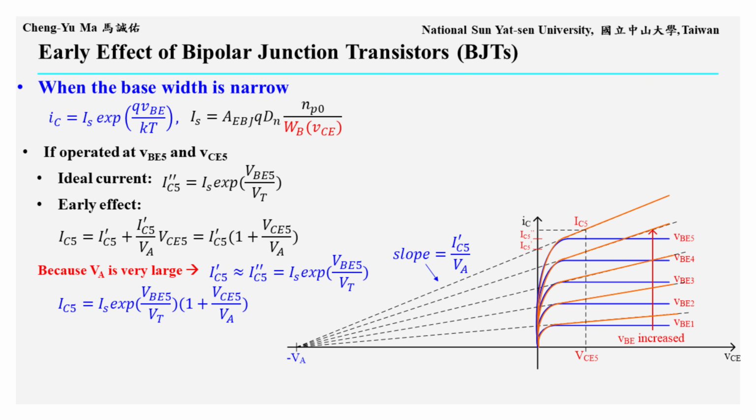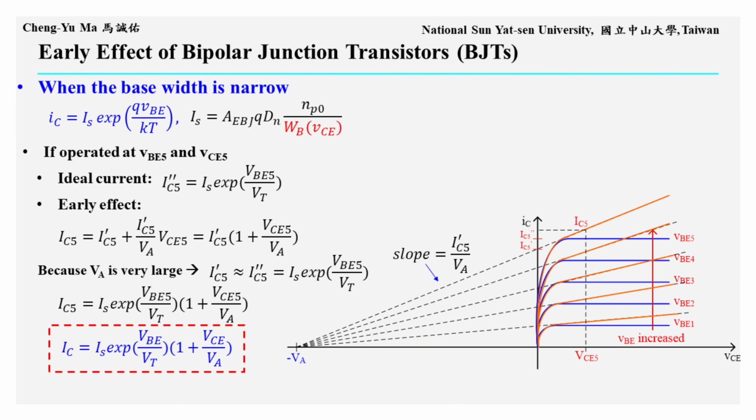From the graph, when VA is large, IC5 prime is approximately equal to IC5 double prime. IC5 double prime is the ideal collector current without the early effect, and it equals IS multiplied by the exponential of VBE5 over VT. Substituting this back into the equation gives IC5 equals IS times the exponential of VBE5 over VT, multiplied by the quantity 1 plus VCE5 over VA.